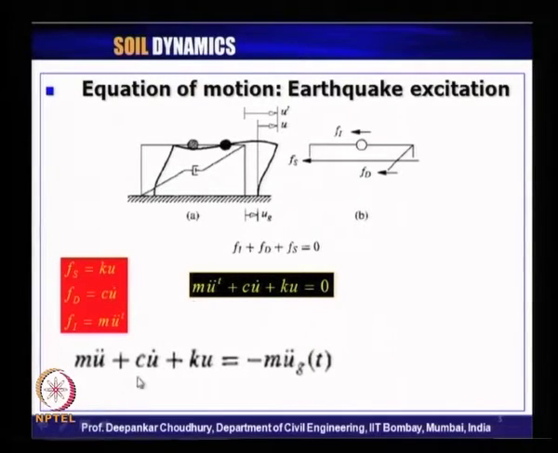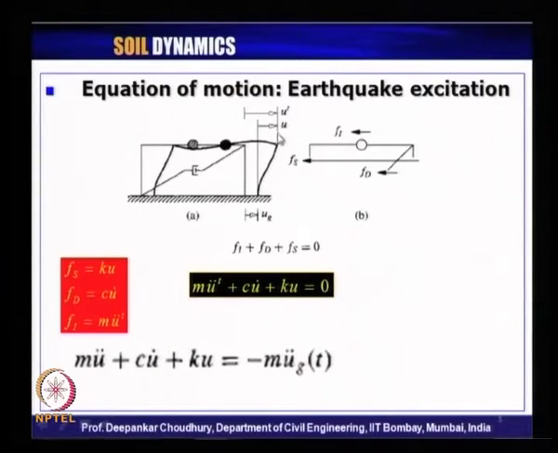The basic equation of motion for a single degree of freedom has been obtained as m u double dot plus c u dot plus k u equals minus m u_g double dot t, where u is the difference between the ground displacement and the total displacement observed at mass level.